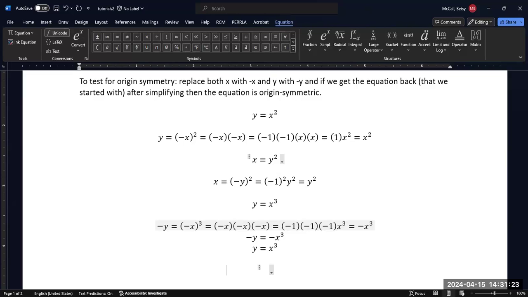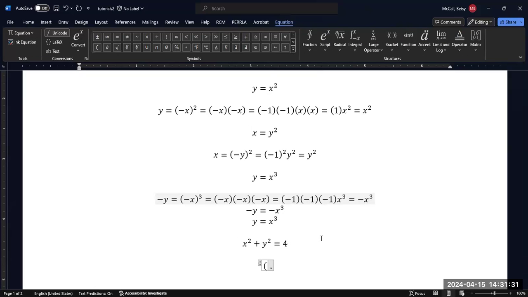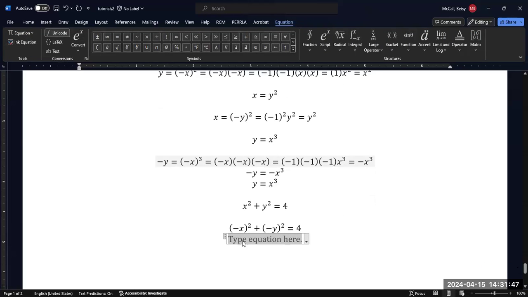Now, the circle equation was this. And to test for origin symmetry, we would replace x and y, again, inside the squares. And just like we saw before, you end up with two negatives, and -1 squared is 1.